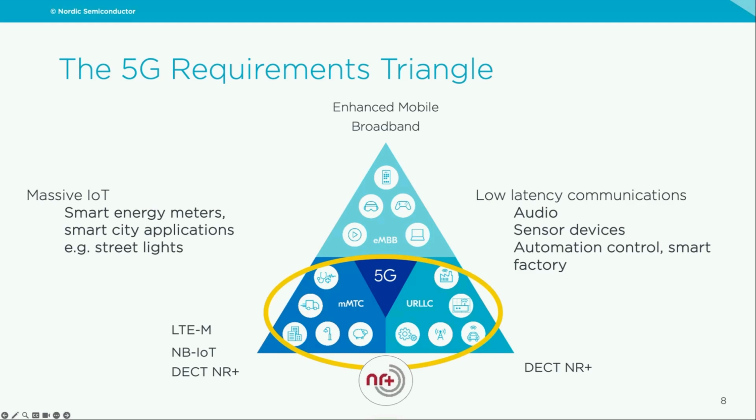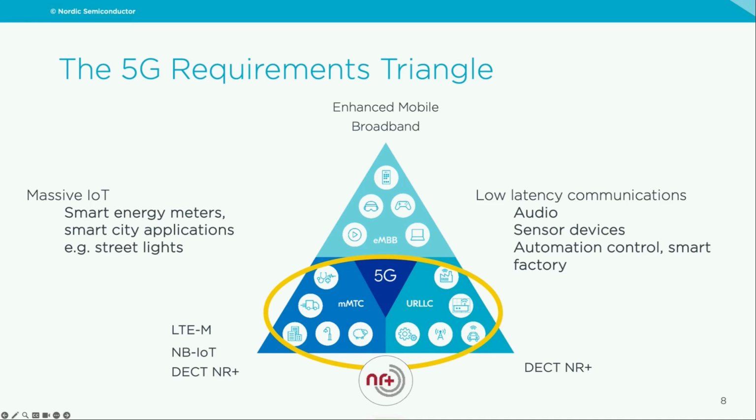And some starting points for NR+, why was it done and where are the strong points for this technology. So this is like the 5G requirements triangle, where you have the mobile broadband, which is basically the current 5G modem offering: huge bandwidth, fast downloads and uploads in mobile phones and other cellular modems.